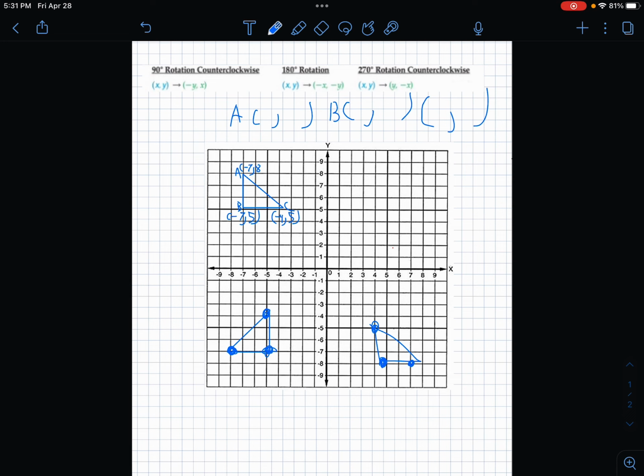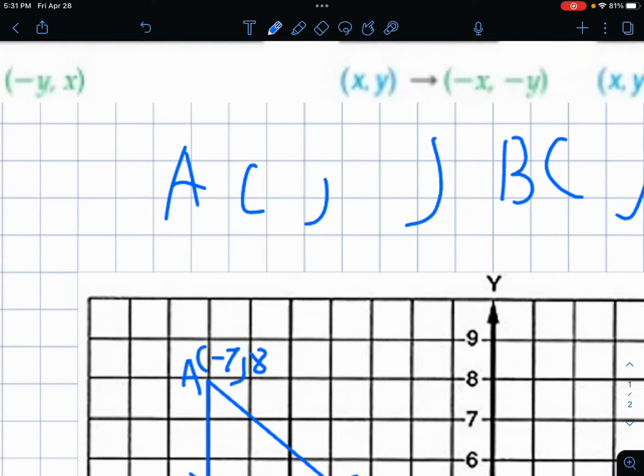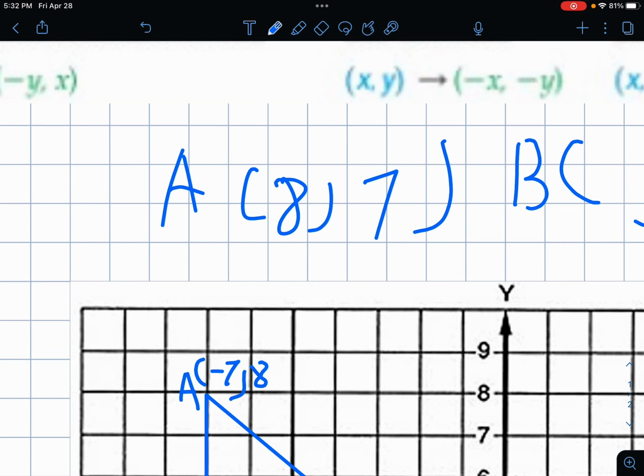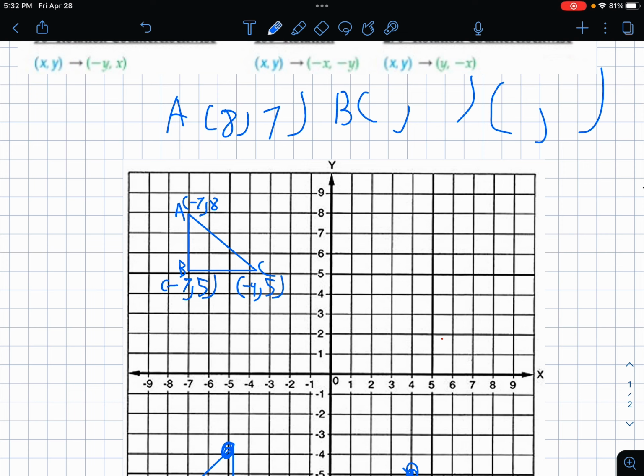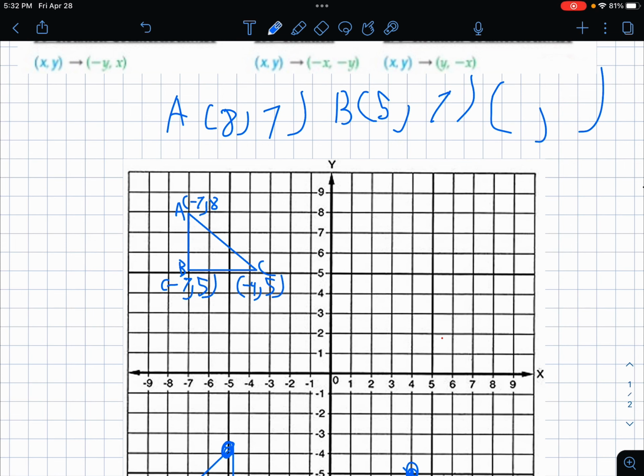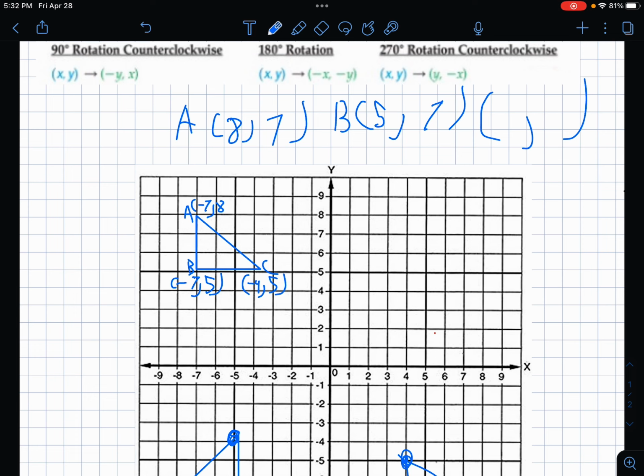So still going to be 8, 7 this time for A. B is going to be 5, 7. And C is going to be 5, 4. Sorry.